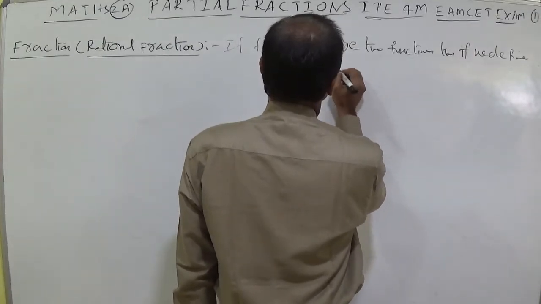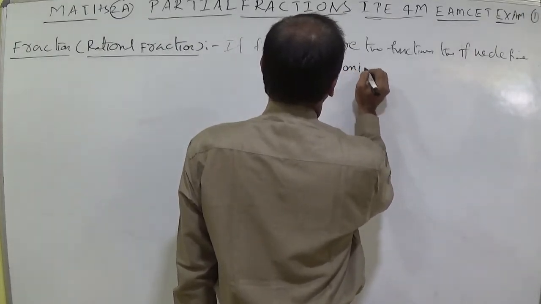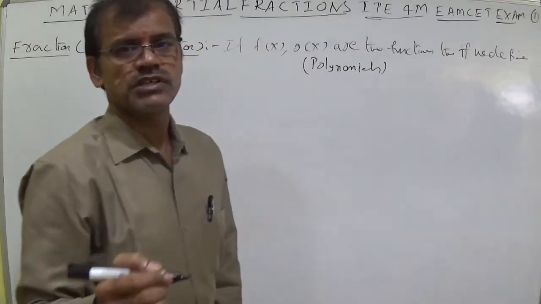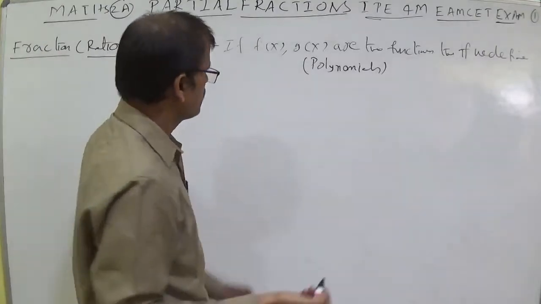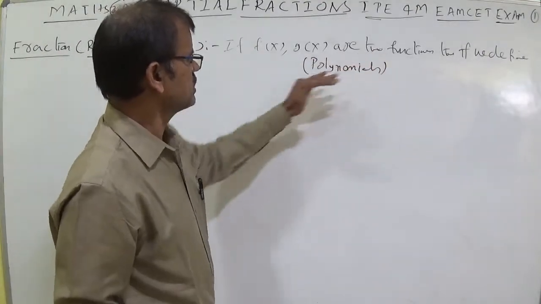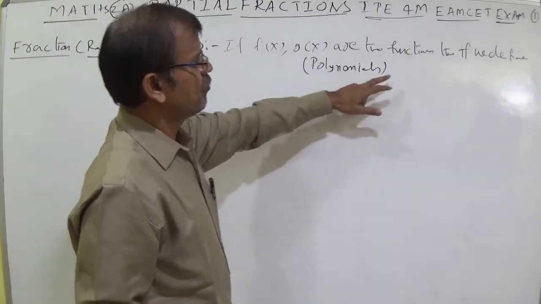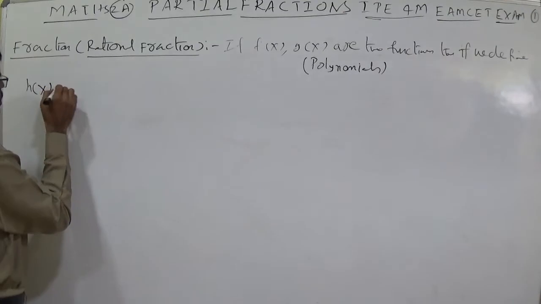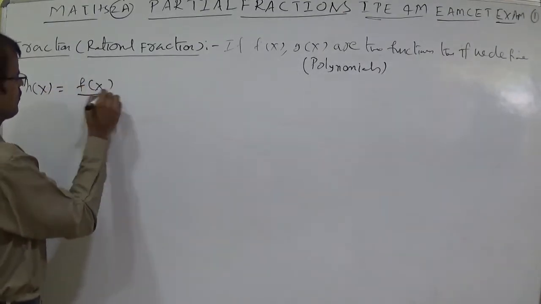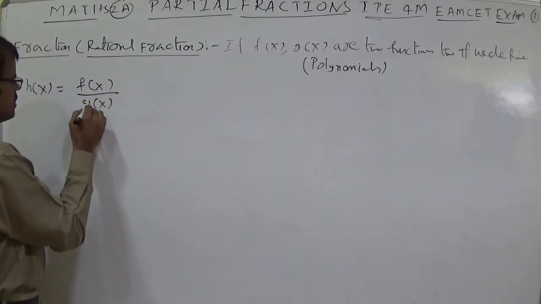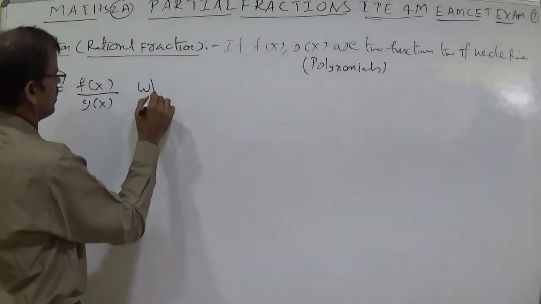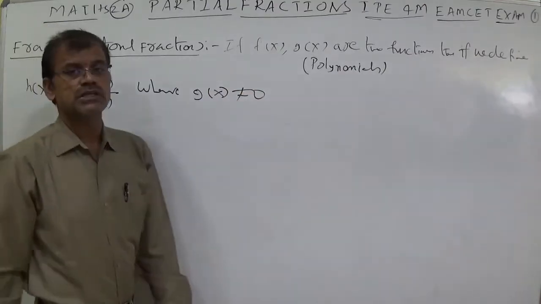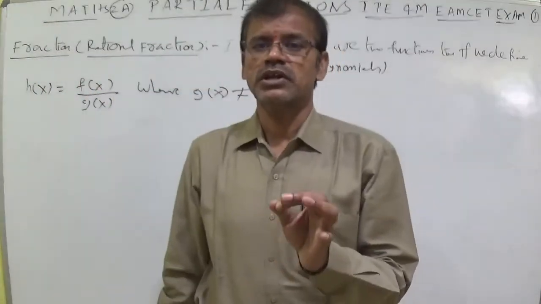Because we are discussing fractions depending upon polynomials. A rational fraction is of course nothing but a rational function. F of x and g of x are polynomials. If we define h of x is equal to f of x by g of x, where g of x not equal to 0, that means g of x is a non-zero polynomial.